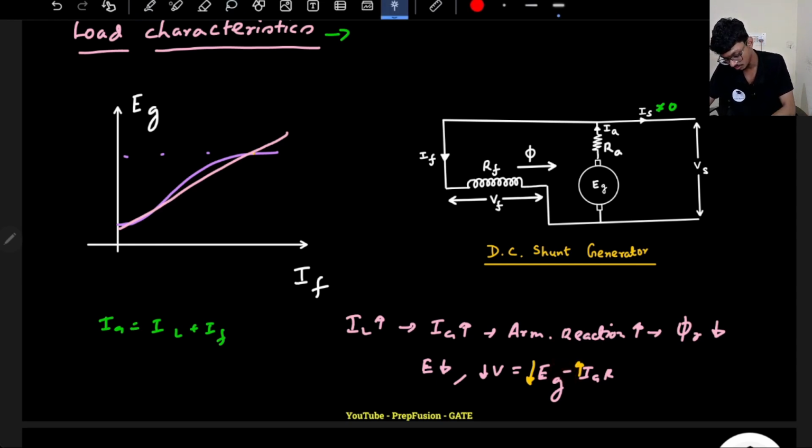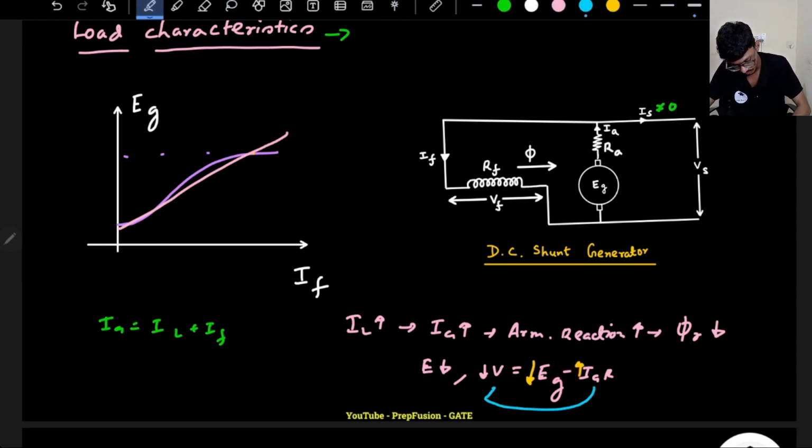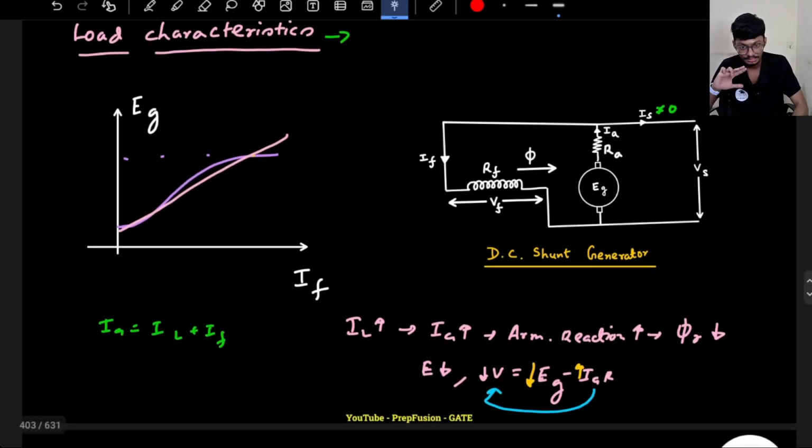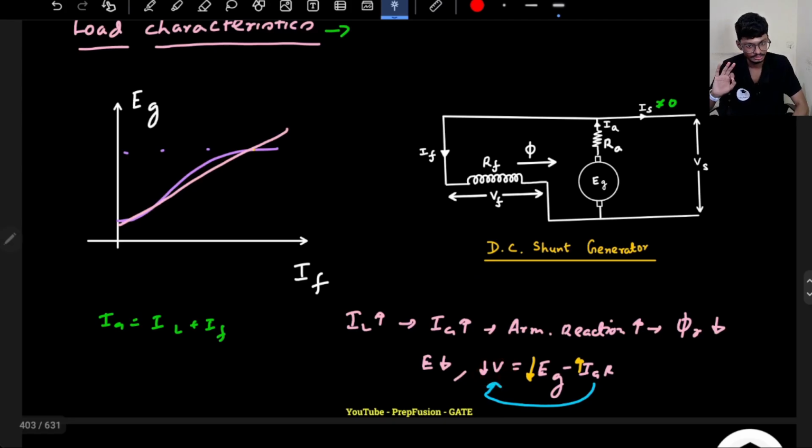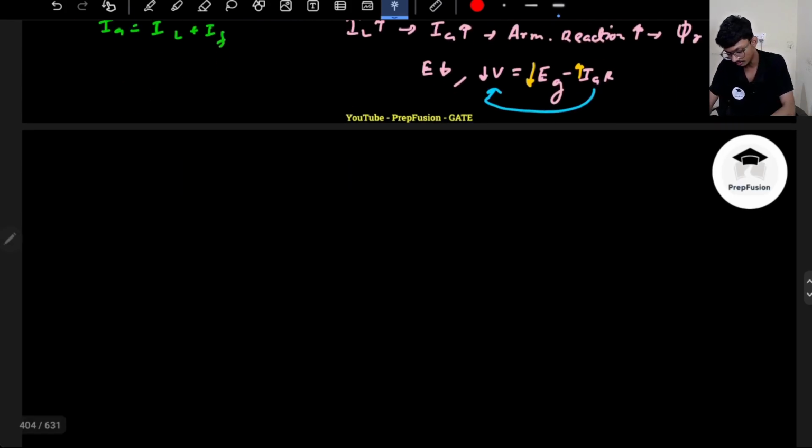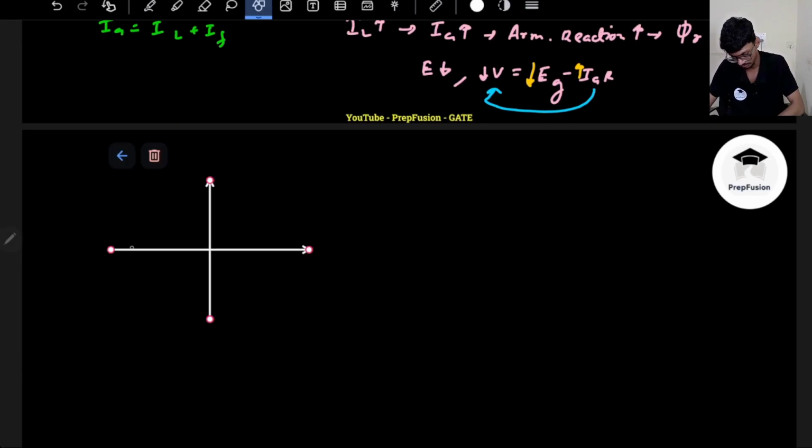Due to this also, the voltage will further reduce. Now one more thing, if the terminal voltage is reducing, there will be a positive feedback. I will discuss that. So the terminal voltage reduces slightly. So ultimately, if I want to draw the characteristics, what is happening with increase in load?